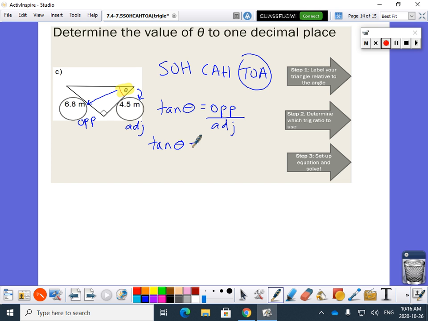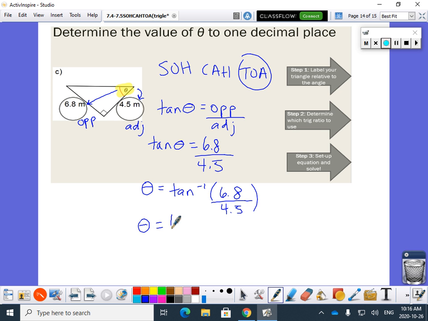Tan theta equals, what's my opposite value? What's my adjacent value? Theta equals the inverse operation of tan, and then type in 6.8 divided by 4.5. I'm doing an extra step here because last time I didn't.